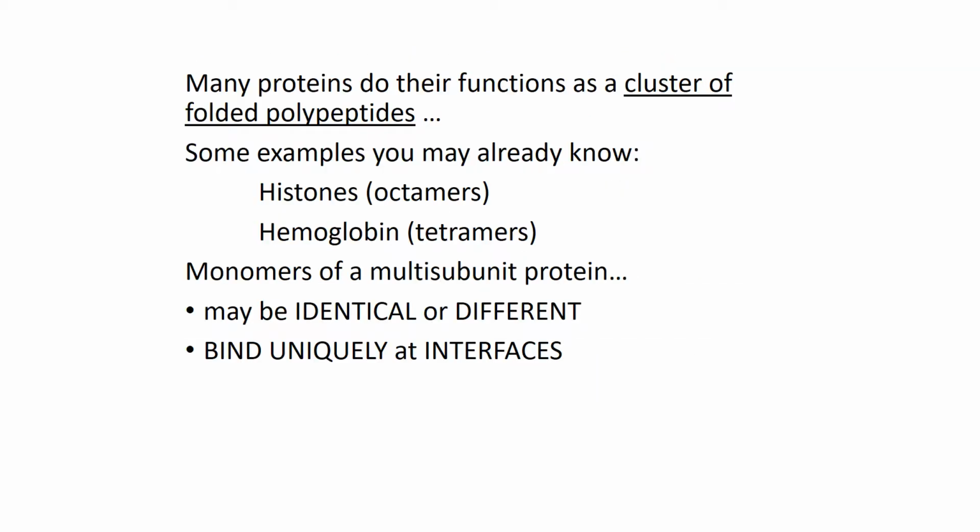Those proteins that do their functions as a cluster of folded polypeptides have some interesting characteristics. You may already know some examples, like, for example, the octamer of histones that makes up a packaging unit for DNA in chromosomes in a nucleus.